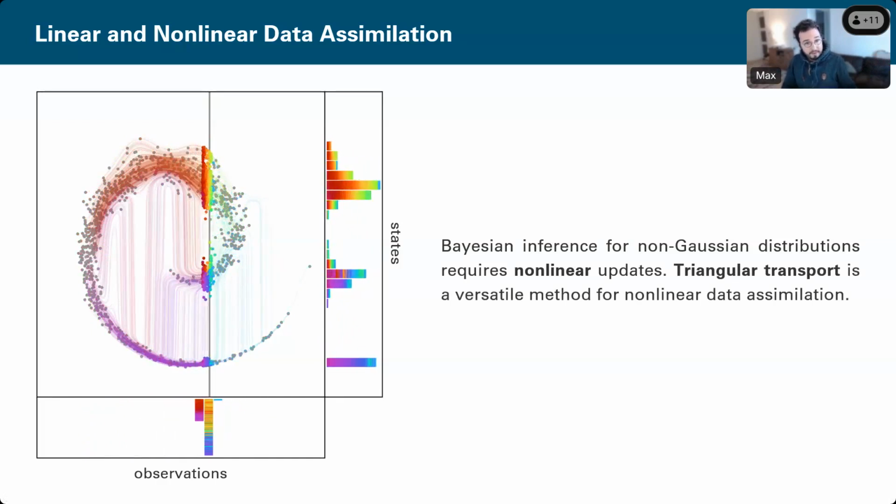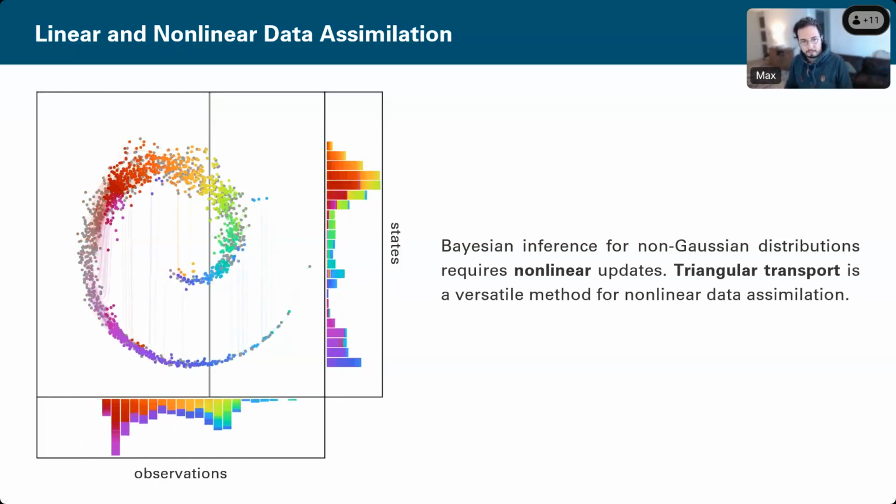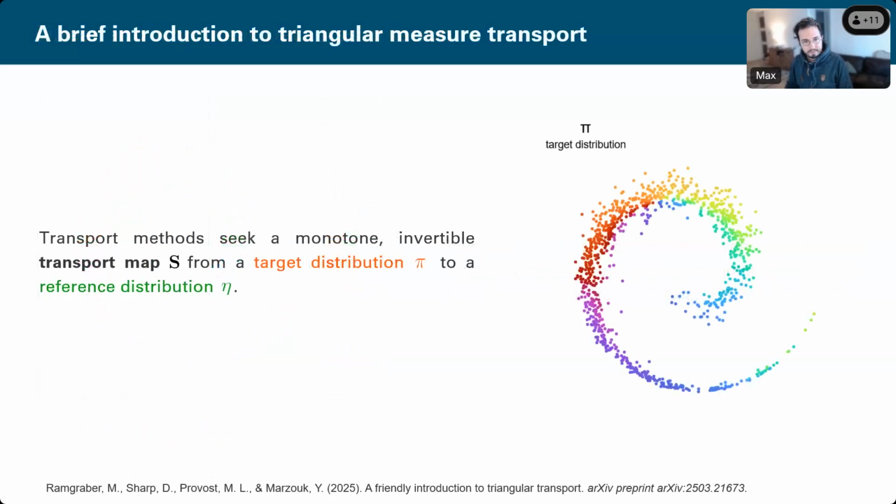So how does this method work, and how can it be applied to real complicated systems? The key idea here basically is that if we want to get the posterior of a complicated joint distribution, it helps to know what the joint distribution or the target distribution actually looks like. So here it's clearly some kind of spiral. And transport methods basically try to learn this underlying distribution from the ensemble by trying to transform it to a simpler distribution, a reference distribution, often a standard Gaussian.